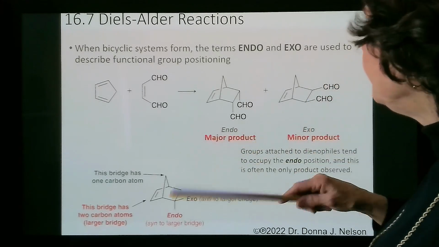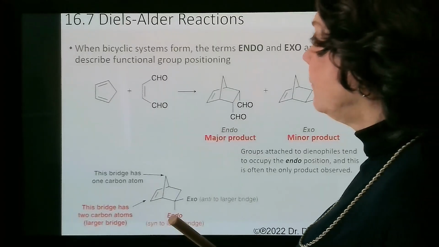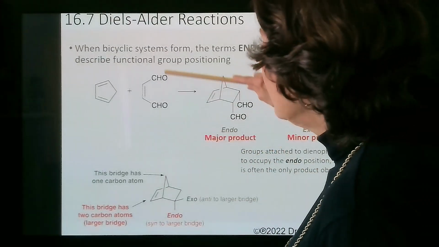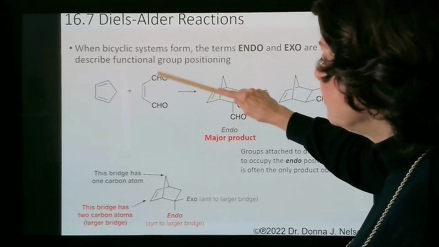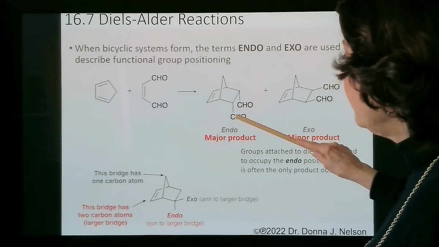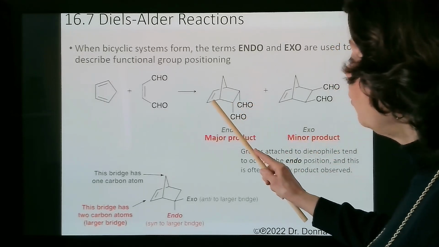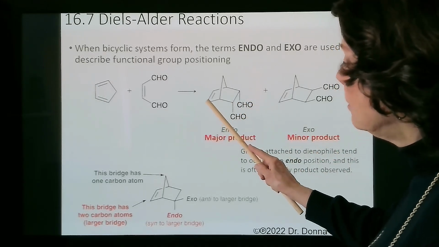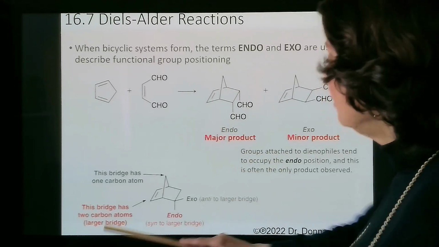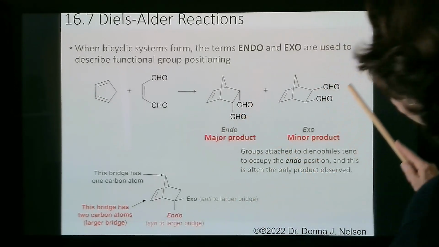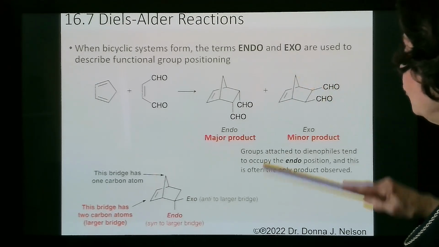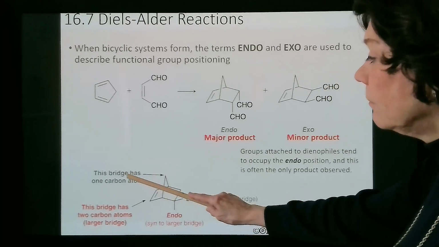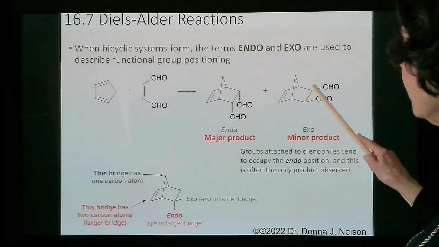In line with what I was just saying, here is another example. You can have the two substituents either pointing down towards the 2-carbon bridge, which is larger, or you can have them pointing up towards the 1-carbon bridge, which is smaller, with less steric hindrance.